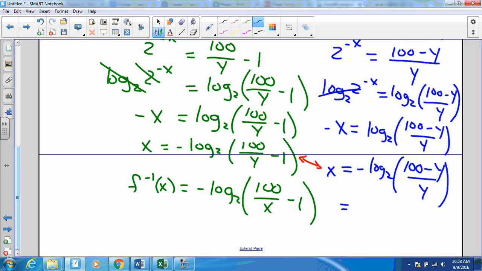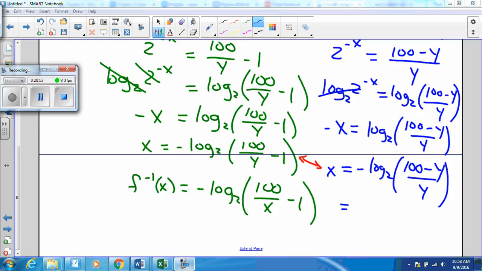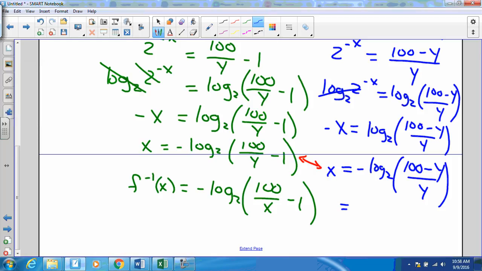What is a way to rewrite division? Division is the same as what? Multiplying by the reciprocal. That's right. So if I think of this as 100 minus y times 1 over y, am I allowed to distribute that 1 over y to each term?